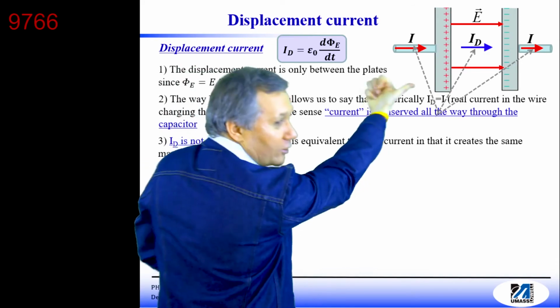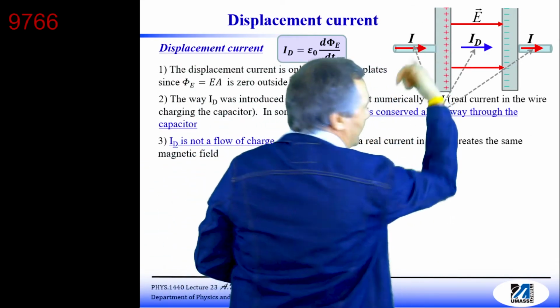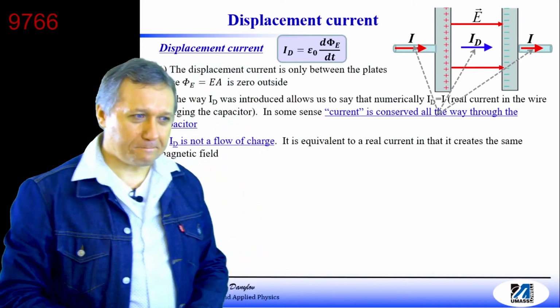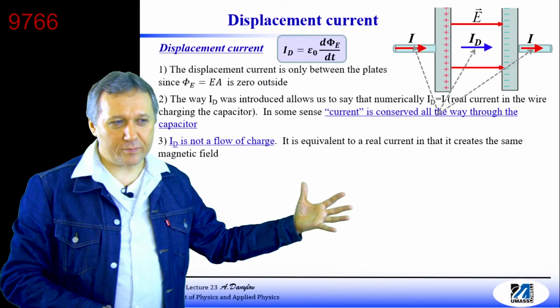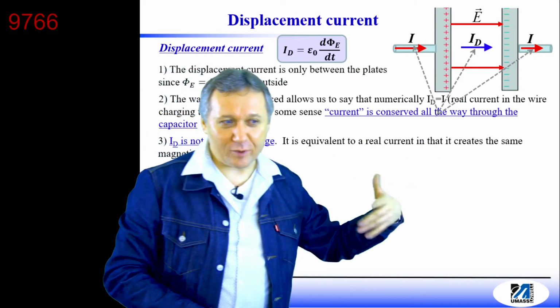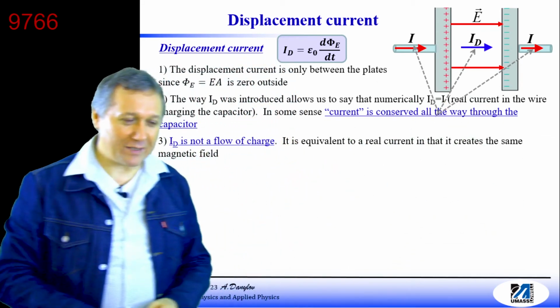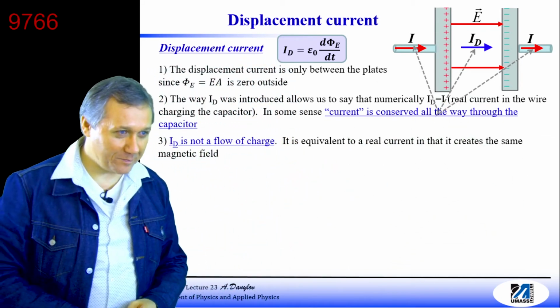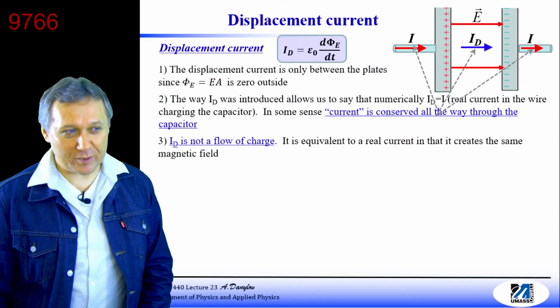Outstretch your thumb in the direction of the displacement current and curl your fingers. Of course, we're not going to prove that those magnetic field lines are circles. It's more complicated. But you can, for example, grab a compass needle and convince yourself that magnetic field lines form circles. So these are properties of this displacement current.